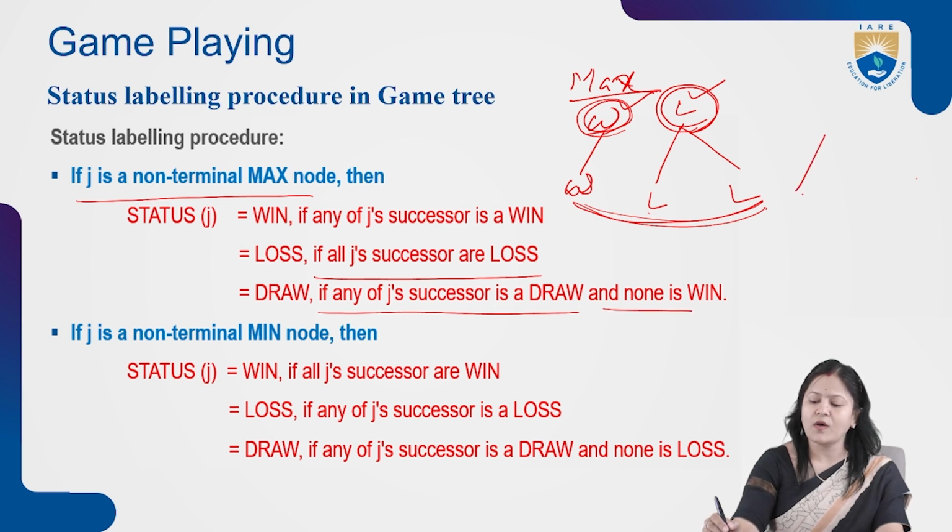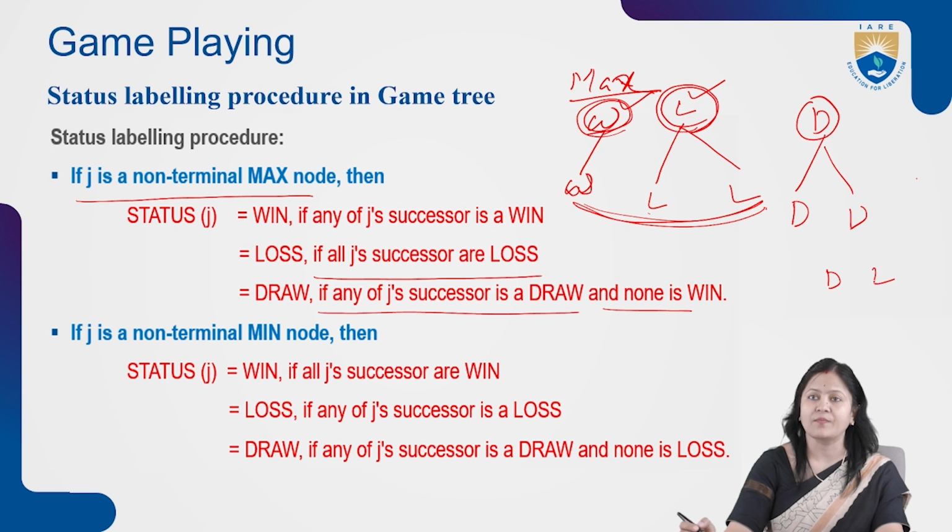That means if any one of the successors is D but none is win, no one should be win, then I can write the max node as D. Or else, if the children are D and L, where one child is D and another child is L, in that case also we can write the node as D. So these are the cases.